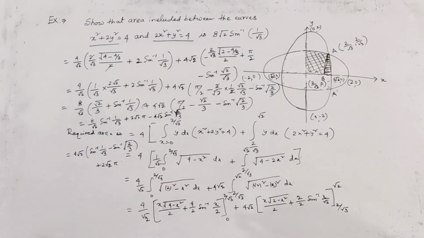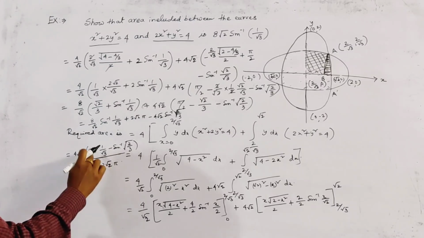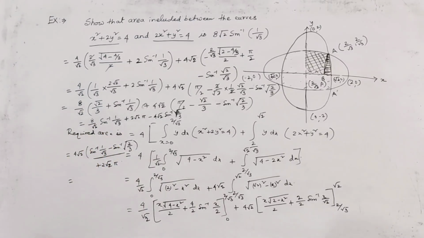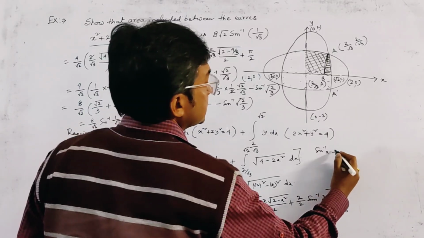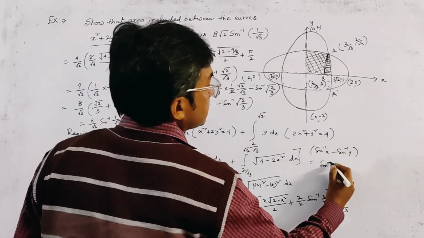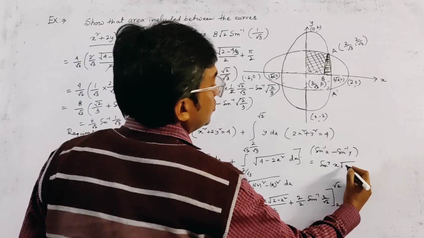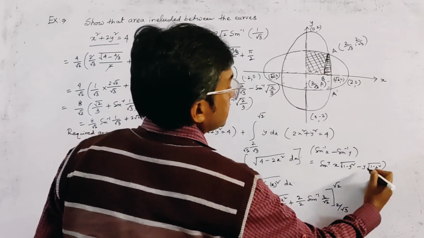Okay, so we use the formula sin inverse x minus sin inverse y. Now the formula of sin inverse x minus sin inverse y is given by sin inverse of x into root 1 minus y square minus y into root 1 minus x square.